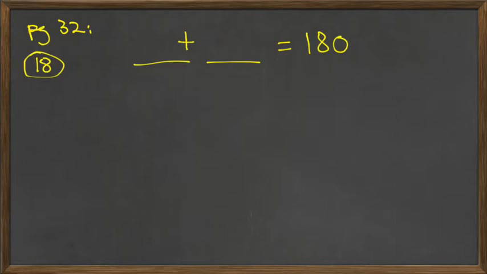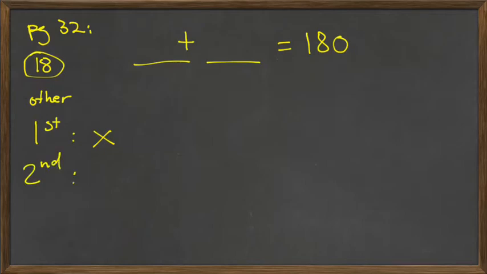So the first angle, we're going to give the x variable. One of these angles is just plain simple x. We know nothing about the other angle. One angle is 12 less than 3 times the other. What do you know about the second angle now?